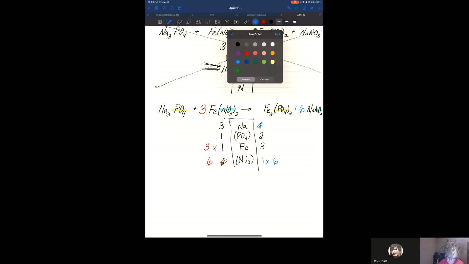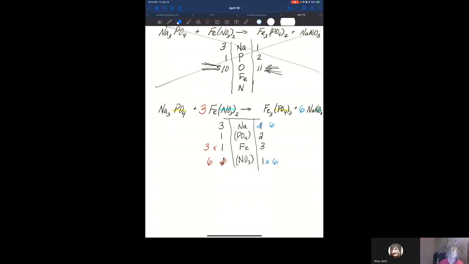That's now a 6. Okay, well now I need to get the sodiums to balance. Well, if I have that as a 6, I need to multiply by 2. So I'm going to put a 2 there.